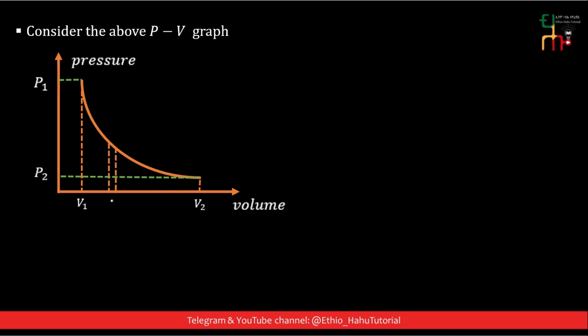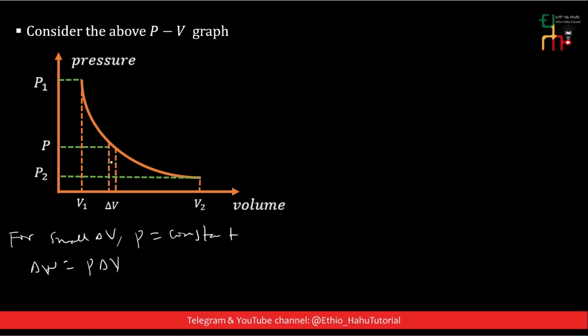Now, consider this infinitesimal volume change in V. For this infinitesimal change in volume, the pressure P is assumed to be constant. Therefore, work done is simply P times change in V. That is the area under this rectangular strip.